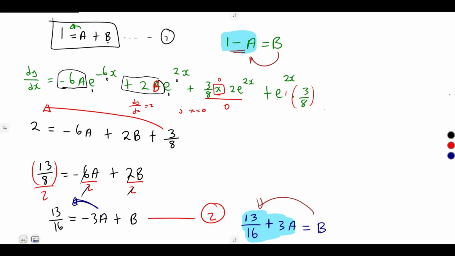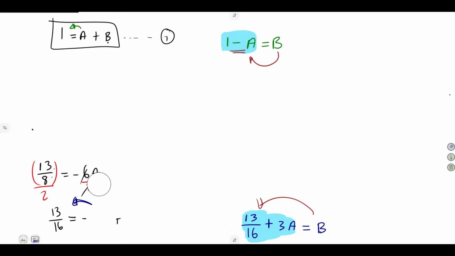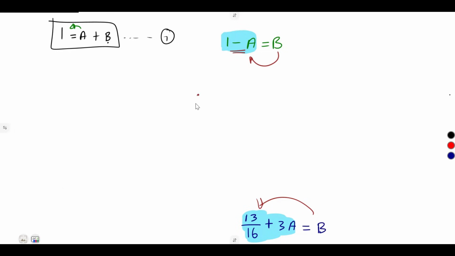So therefore, we can say we have formed an equation in a that we can use to solve for a. So we can say, therefore, 1 minus a is equal to what? 13 over 16 plus 3a. So that's an equation that we can use to solve for a. All right.